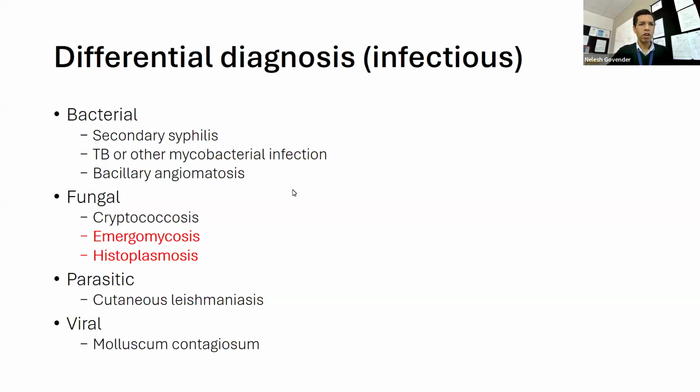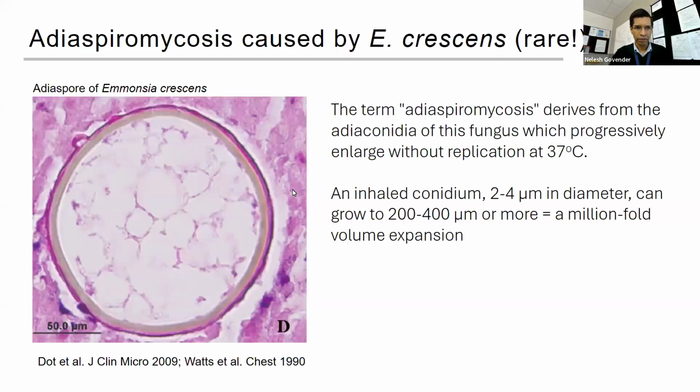So, what do we know about Emergomyces and Histoplasma? Well, Emergomyces and Histoplasma cause these two diseases. I'm going to take you a step back and tell you a bit about a condition called adiaspiromycosis, which is a really unusual, very uncommon disease.